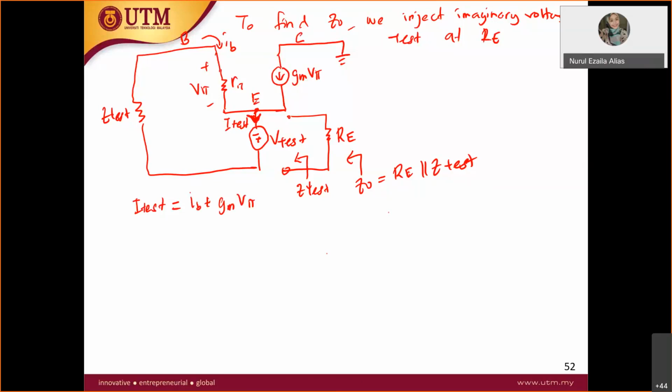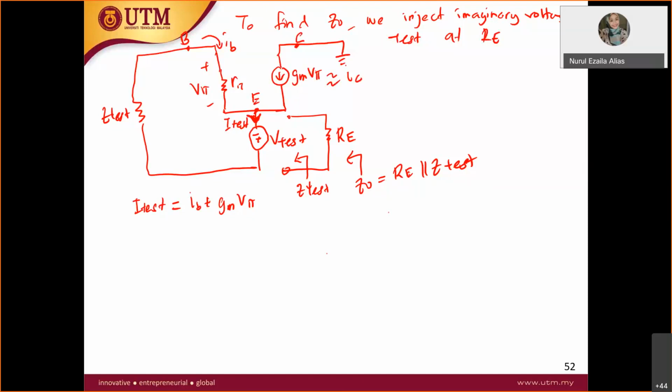Okay, so if you actually derive it, you know V pi is equal to IB R pi. So if you can see here, gm V pi is at collector, right? So this is base, so the current going there is base. So gm V pi is actually equivalent to what? Because this is at collector, it is equal to the IC.